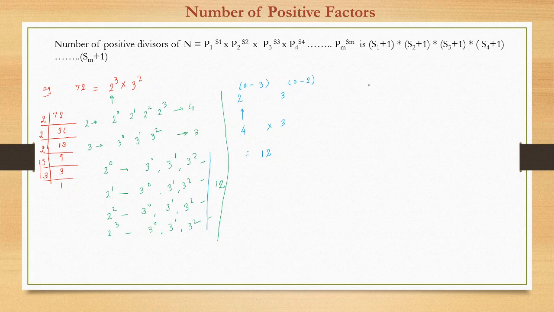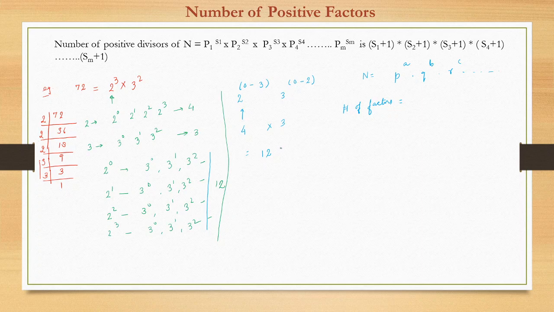Now if we would like a generic way of writing this: suppose a number n has been written as p raised to power a into q raised to power b into r raised to power c and so on, where p, q, r are prime numbers. The number of factors would be how many?